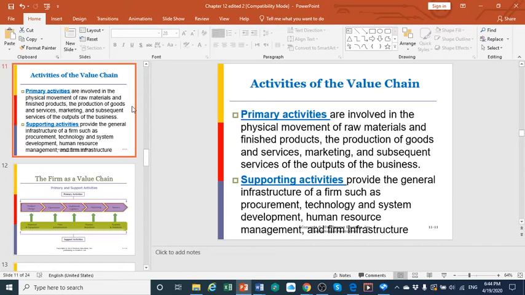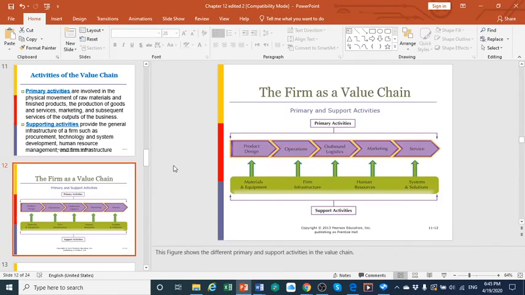These are the activities. Supportive activities provide the infrastructure which is required, such as procurement, technology, system development, HR, and firm infrastructure. Let us look at this slide, which will show us in a better manner primary activities at the top and the supportive activities at the bottom.